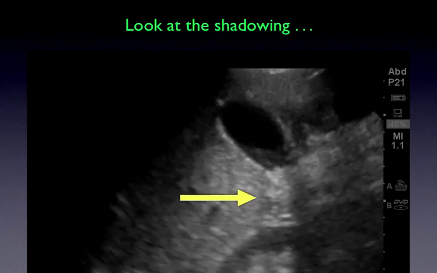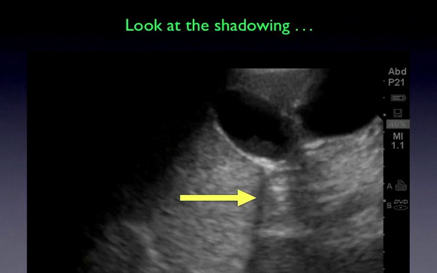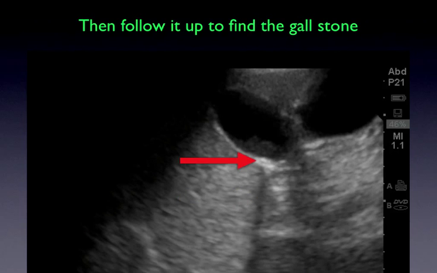Look at the shadowing. At the yellow arrow, do you see it? Right there. Now it's very difficult to see in this view, but over there, there's actually a gallstone, a hyperechoic stone. And we did another view on this patient, and we were able to see it more readily. So this is actually a gallbladder that has sludge and a very small stone in it.